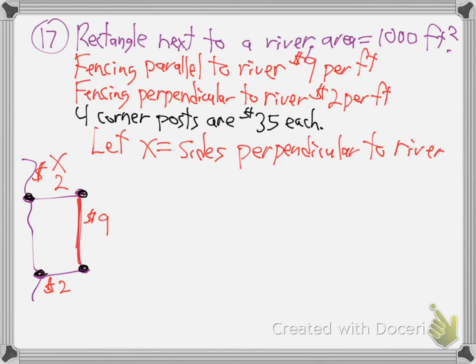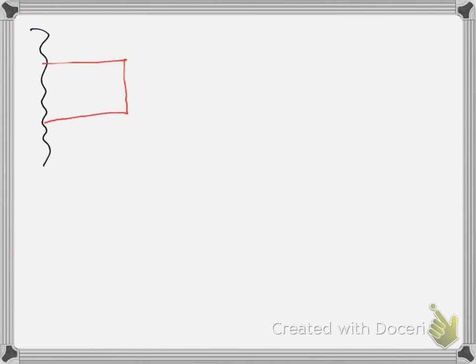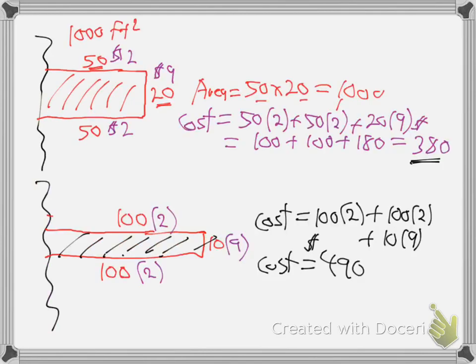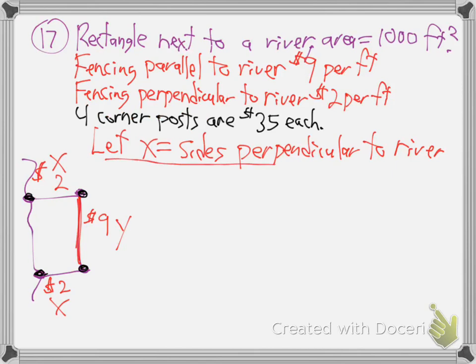So x is the top and the bottom. And then the right side, I'm just going to call that y because I need something there. So this is x, this is x. They specifically said let x be those sides. They didn't say anything about y, but I got to call the other side something. So I'll do y.